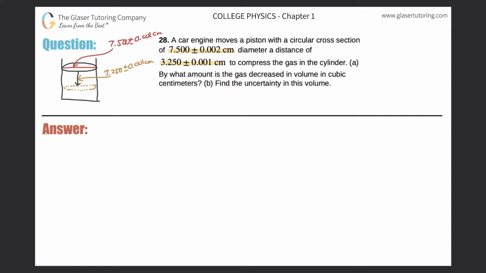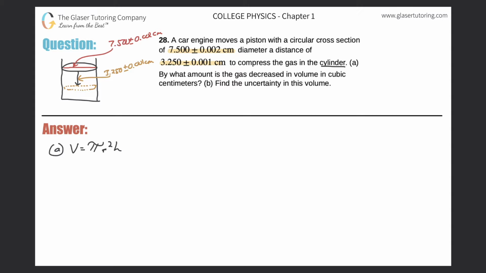Okay, great. So now it wants to know by what amount is the gas decreased in volume. The first thing is we have to recognize that we're dealing with a cylinder. Remember, it says it in the problem there. If you recall the formula for volume of a cylinder, V is equal to pi r squared multiplied by the height.